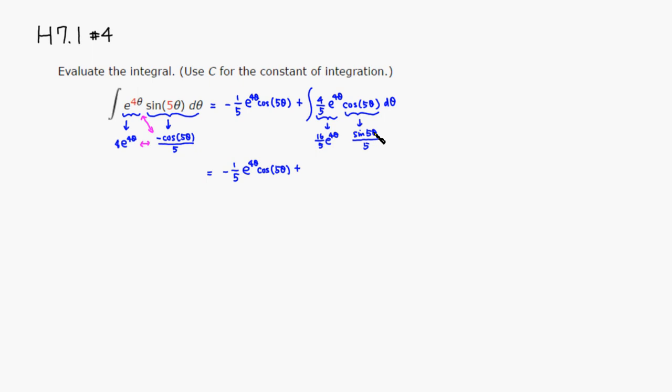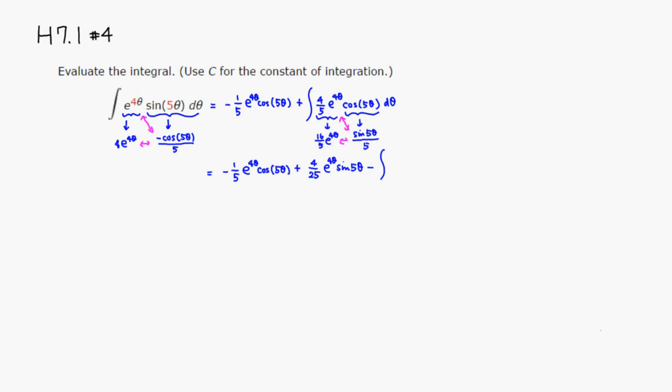Then multiply diagonally to get the first term: 4 over 5 times 5, so it's 25, e^(4θ) sine of 5θ, minus integral. Then you multiply sideways.